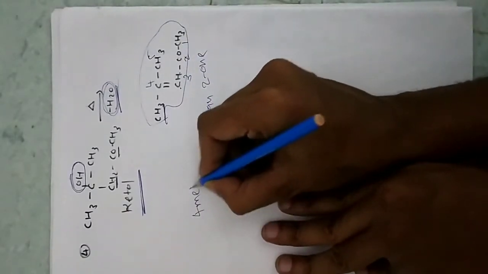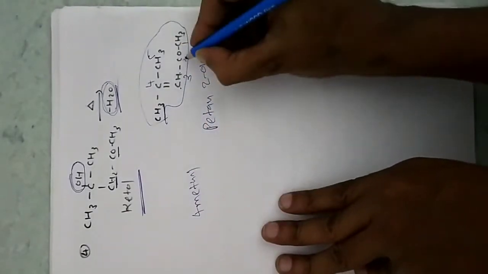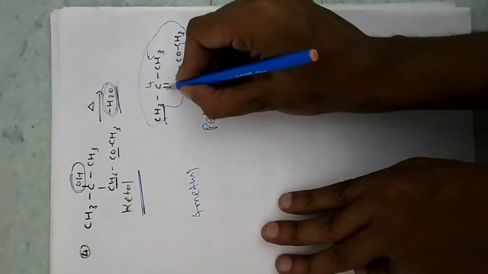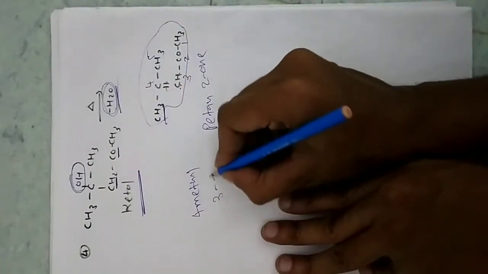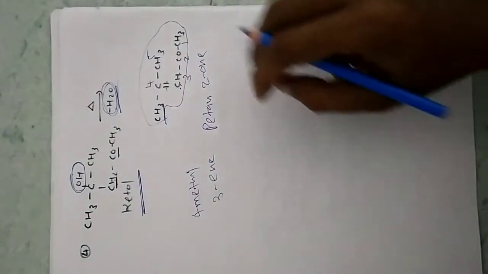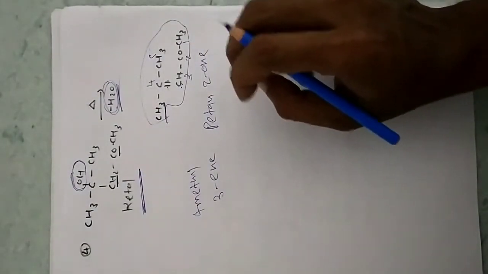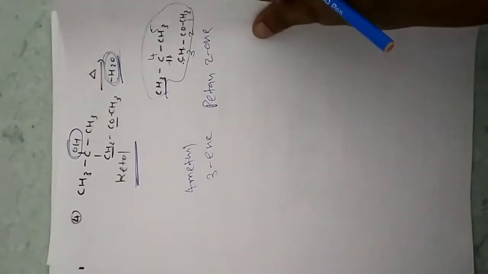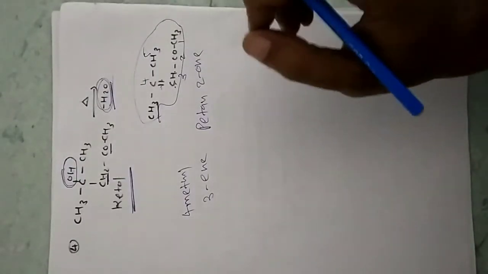4 methyl. On the third carbon we have a double bond, 3-ene. Okay, that is the whole IUPAC name of the product. So this was the aldol reaction.